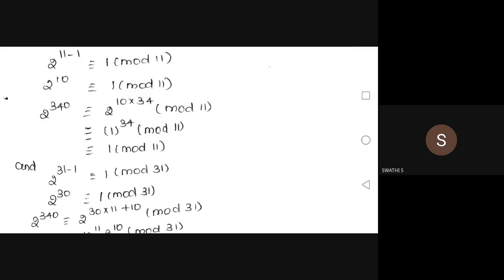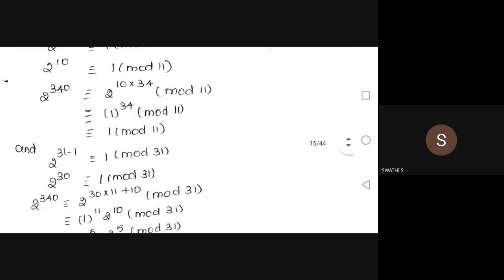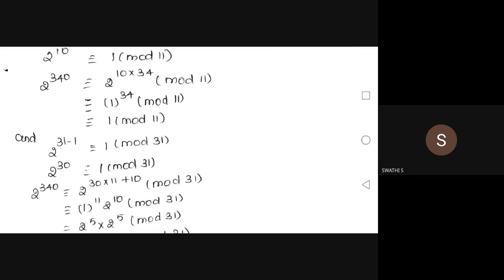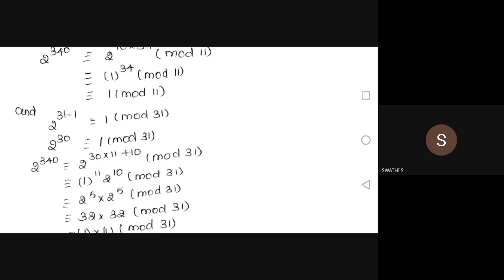Now a power m plus n means a power m into a power n, and a power m into n is a power m the whole power n. So 2 power 30 into 11 can be written as 2 power 30 whole power 11 into 2 power 10. 2 power 30 is congruent to 1, so 1 power 11 into 2 power 10. 2 power 10 can be written as 2 power 5 into 2 power 5 under mod 31. 2 power 5 is 32, so 32 into 32.